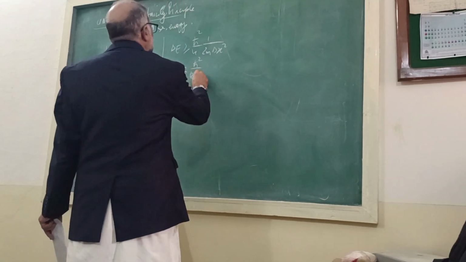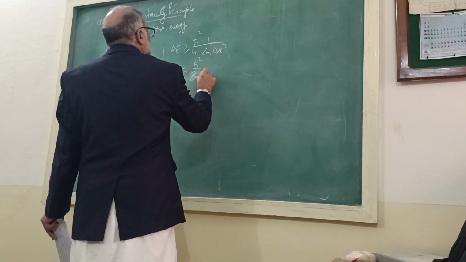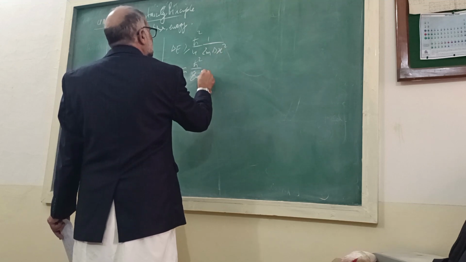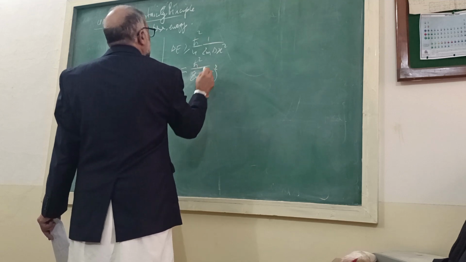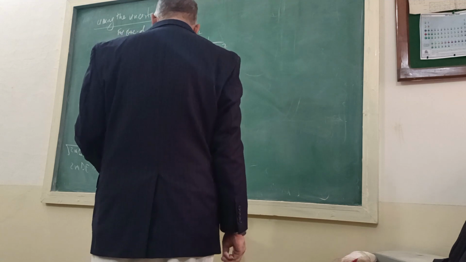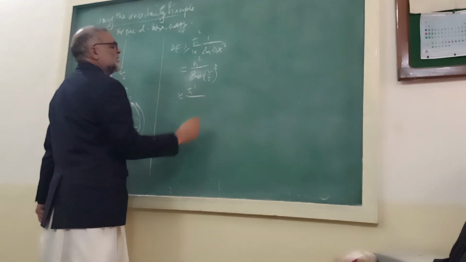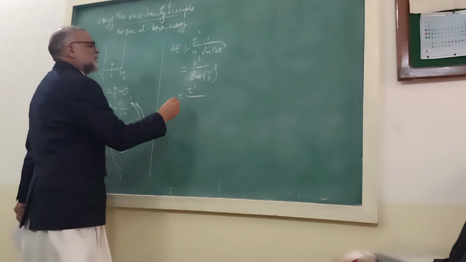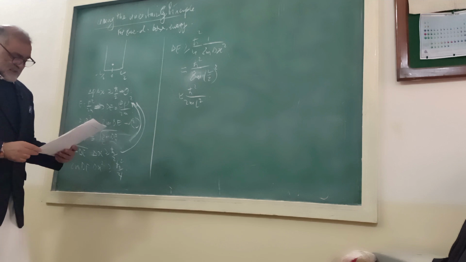And what was delta x? That was L by 2, suppose, whole square. So h cut squared divided by 2m L squared.